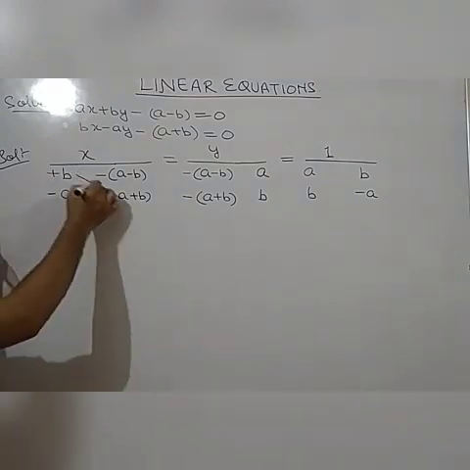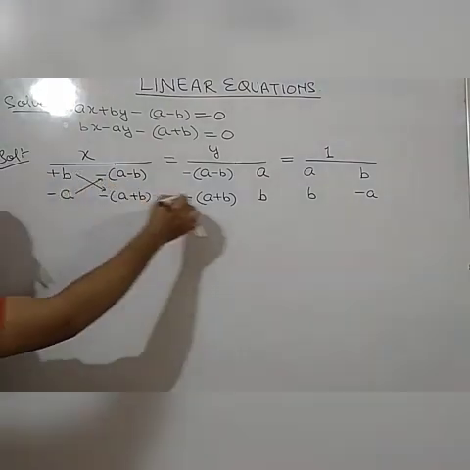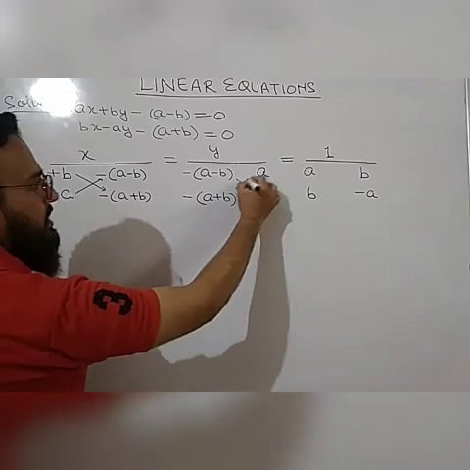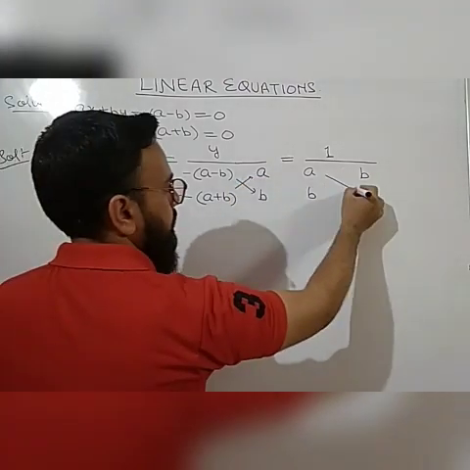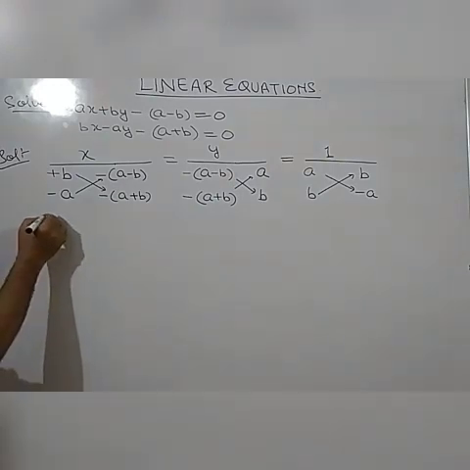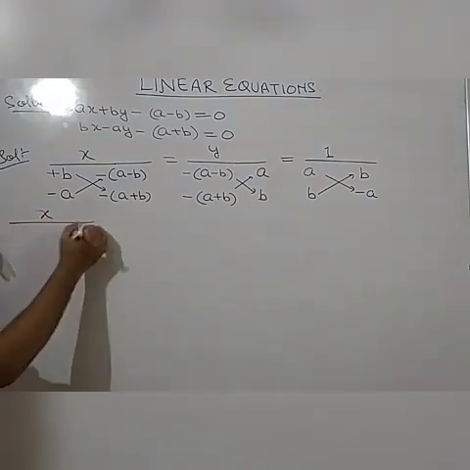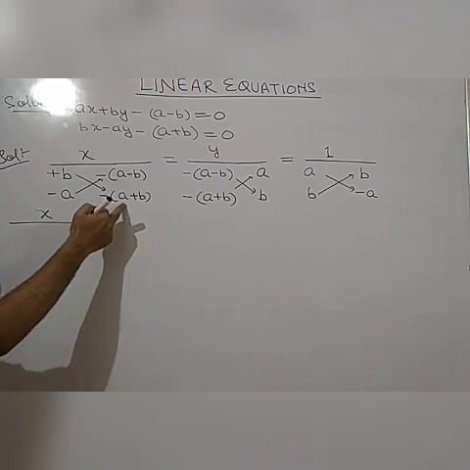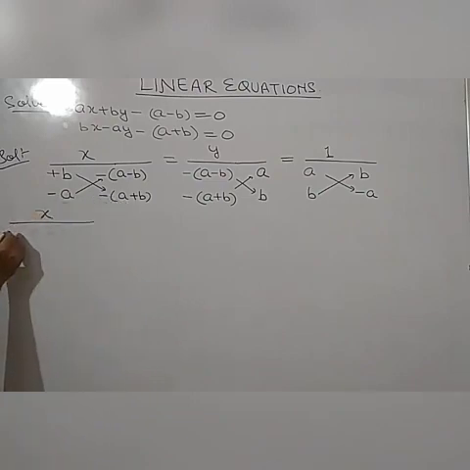Now, using cross multiplication, draw this diagram always. So what we will get? The first term will be x upon. This b will be multiplied with this term. So we can write it as b into minus a plus b.